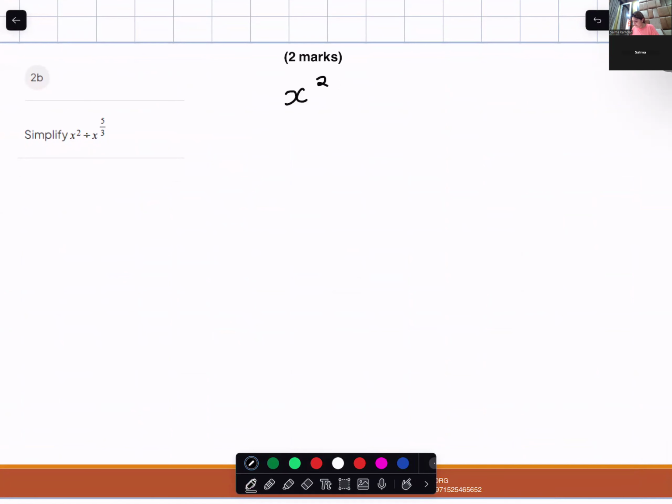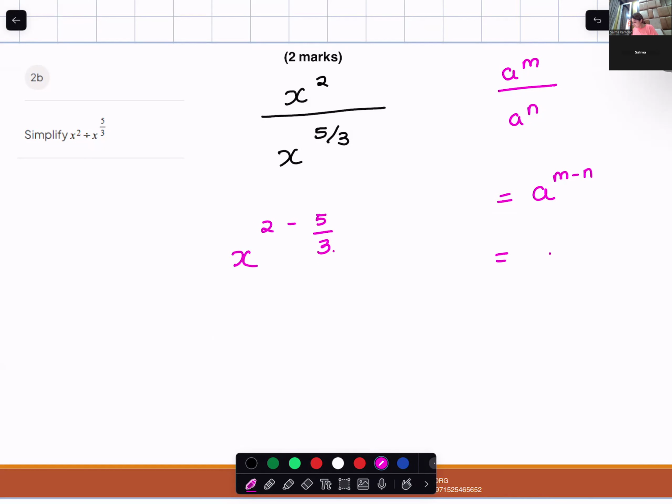It will be x squared over x raised to 5 by 3. Your law of indices says that a raised to m upon a raised to n will become a raised to m minus n. So it will become x raised to 2 minus 5 by 3. Now, if I'm solving 2 minus 5 by 3, I want to make the denominator the same.